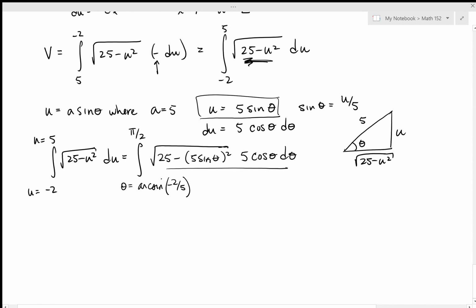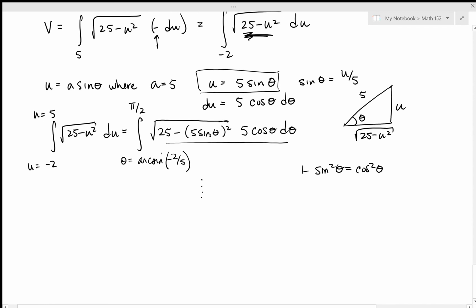Then we use the 1 minus sine squared theta equals cos squared theta identity. There are some steps missing here, but that is the key: some algebra and using that identity. To give you an intermediate step, that should allow you to get to 25 times the integral from the arc sine of minus 2/5 up to pi by 2 of cos squared theta d theta.